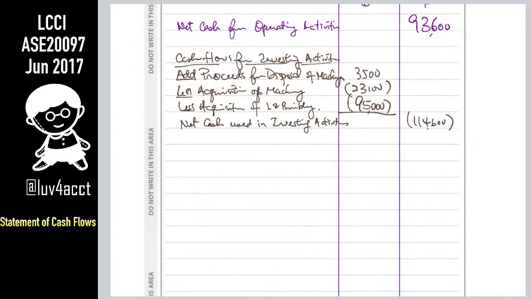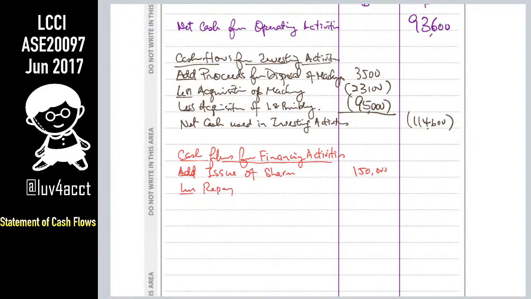Okay, next you have financing. You only have two items. That is issue of shares 150,000, and then less repayment of bank loan.